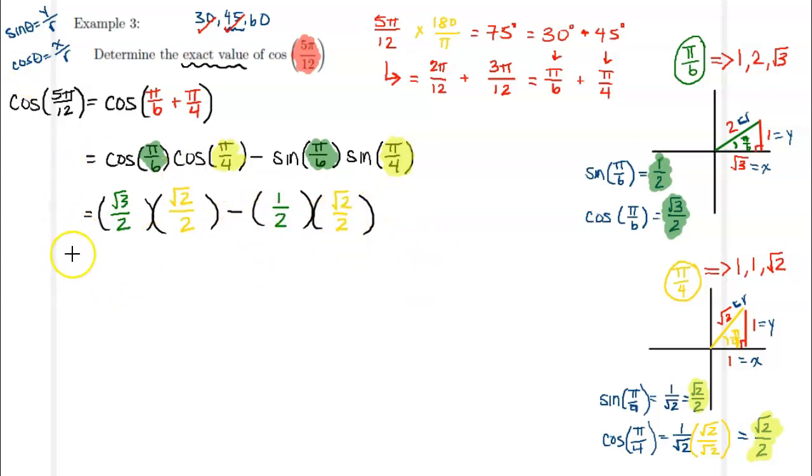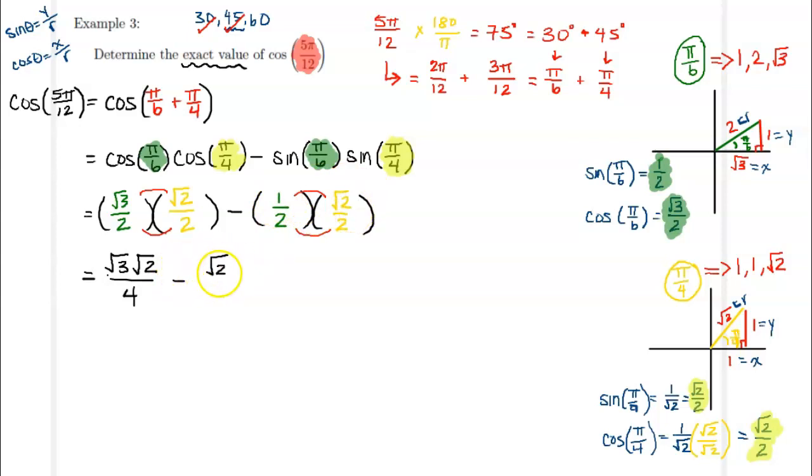Then we can clean up and simplify. We do that by multiplying my fractions here. When I multiply fractions, I multiply the tops and I multiply the bottoms. So I'm going to keep this as root 3, root 2 separately. You'll see why in a minute.